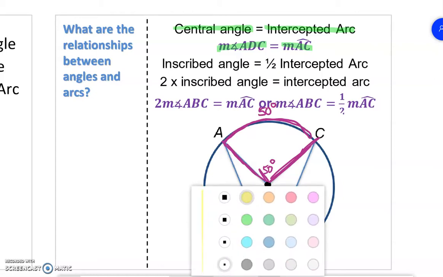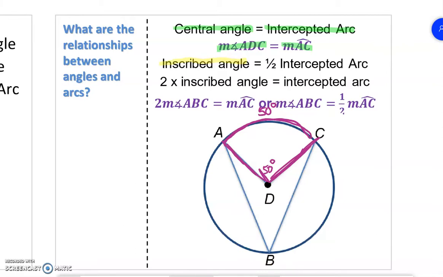Next, an inscribed angle is equal to half of the intercepted arc. So let's say down here, this angle would have to be 25 degrees. This inscribed angle down here, notice how it intercepts the same exact arc as the central angle.